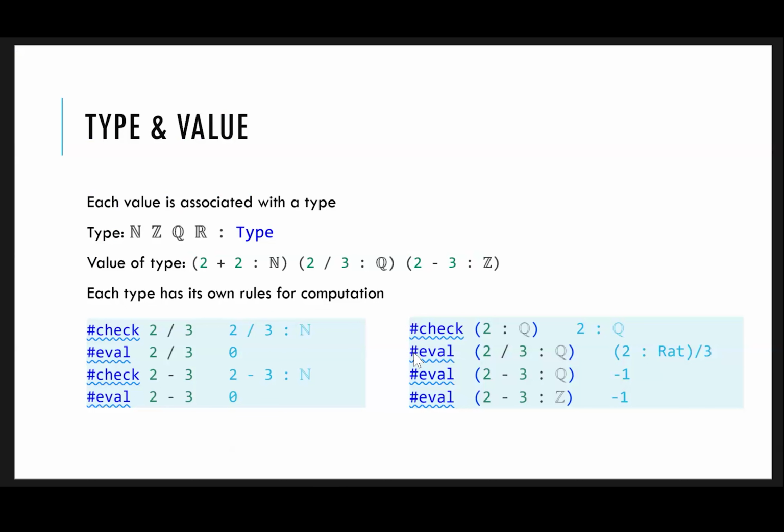Sometimes you don't do it explicitly, but on the compiler side, it will assign a type for you. For example, since everything has a type, natural numbers, integers, rational numbers and real numbers have their own big types, and you can define elements such as natural numbers and integers.